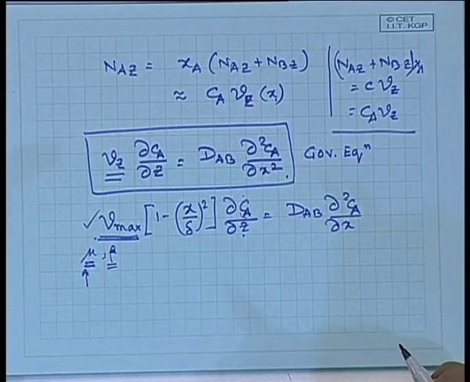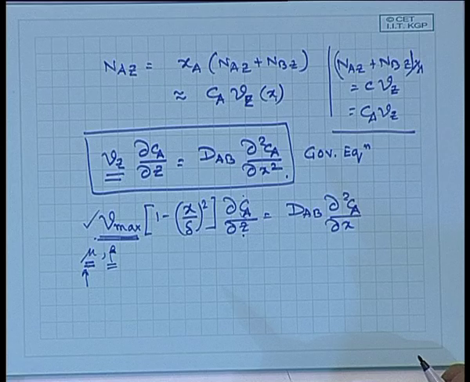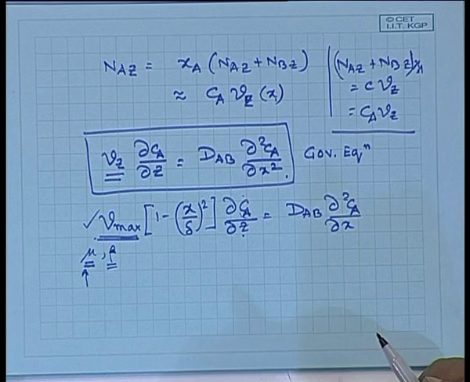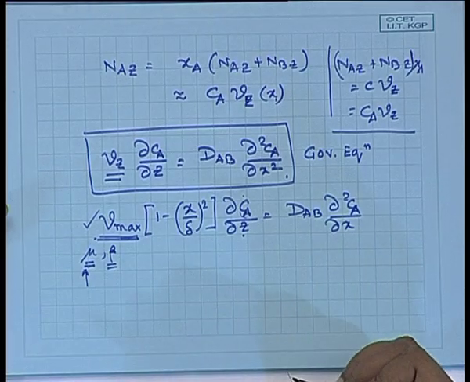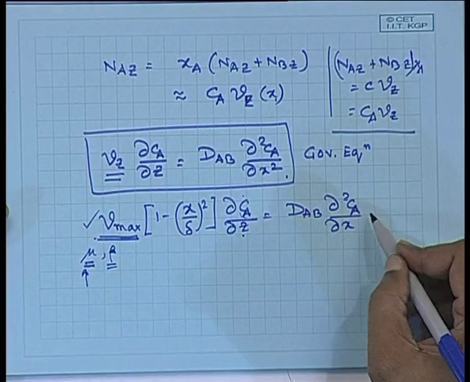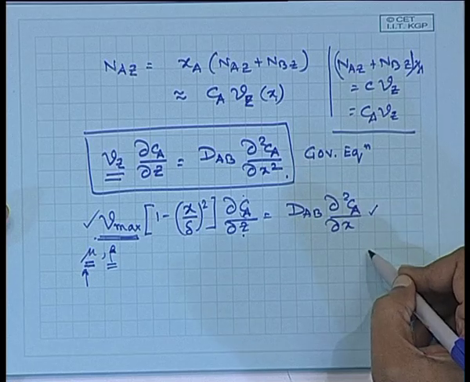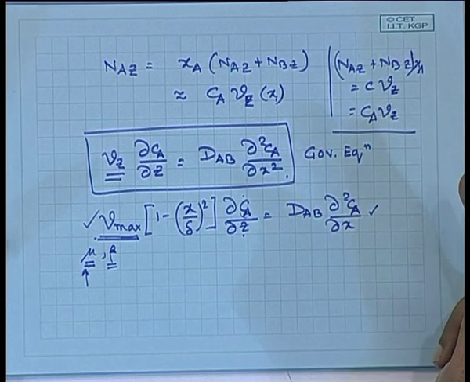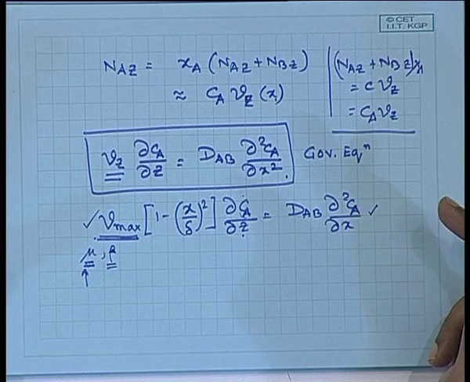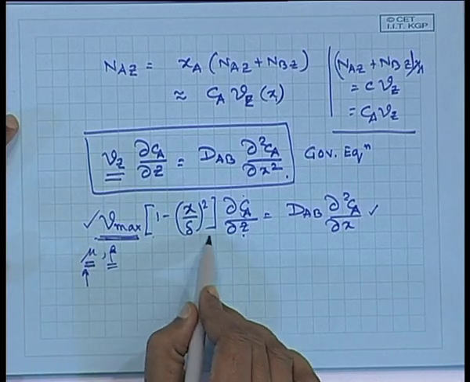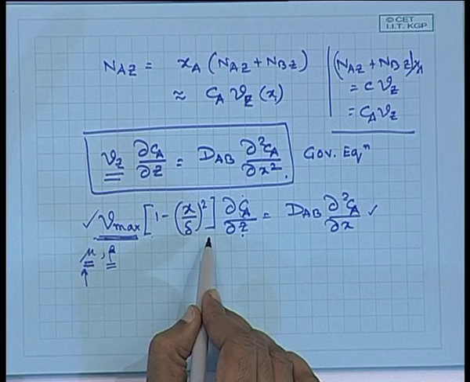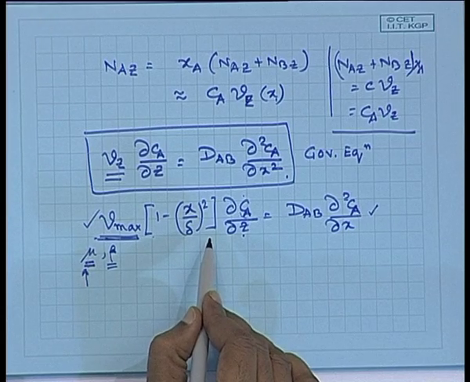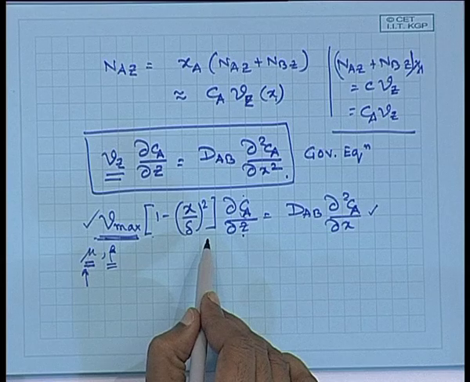Later on, you may come across situations in which viscosity is going to be a function of concentration, and in that case, that concentration dependence of viscosity will make the mass transfer and fluid flow problem coupled. You won't be able to solve any one of them independently. Right now, you can independently solve the hydrodynamics part, the fluid flow part, because all physical properties are independent of concentration.